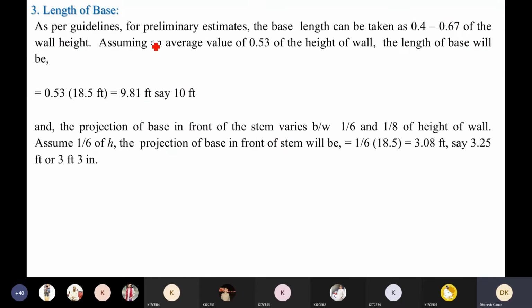So as per the guidelines, for the preliminary estimates, the base length can be taken in the range of 0.4 to 0.67 of the wall height. Assuming an average of 0.53 of the wall height, the length of the base will be given by this value. Now here in this particular step, the problem has taken the average of this range.